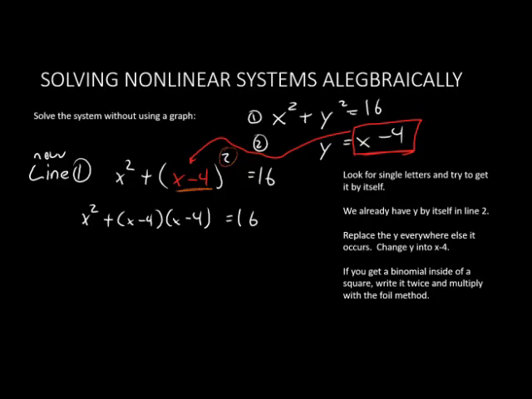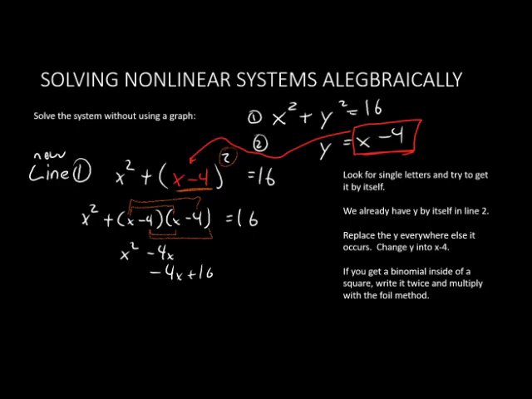Now we'll use the FOIL method on the x minus 4's. X times x will give us x squared. X times -4 will give us -4x. -4 times x will give us another -4x. And -4 times another -4 will give us positive 16.